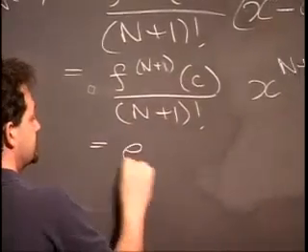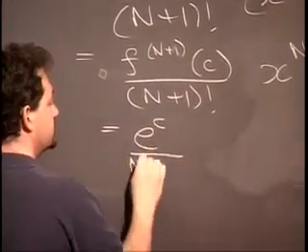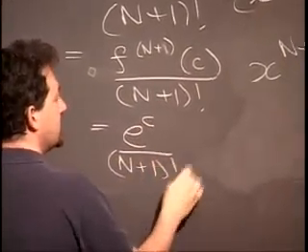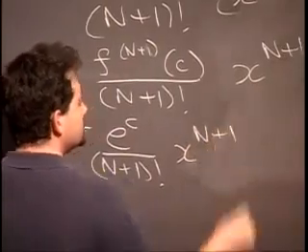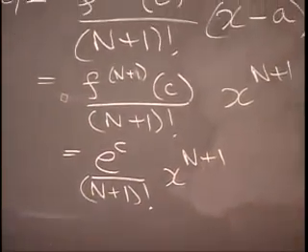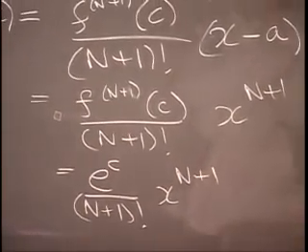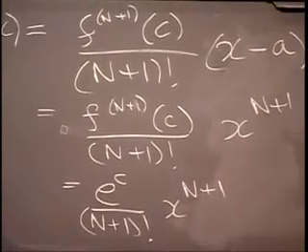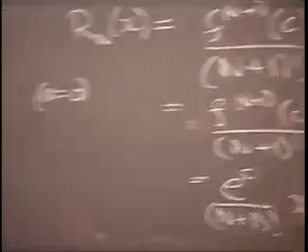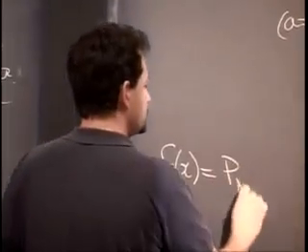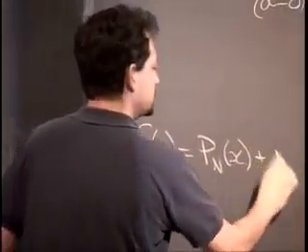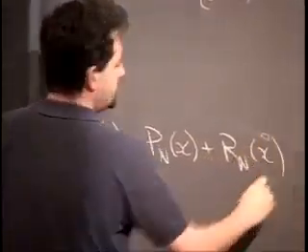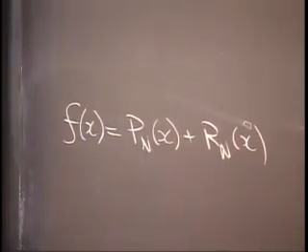So this is e to the c. Okay, so since f of x is Pn plus Rn, we can write, well, in fact, we already wrote that before.